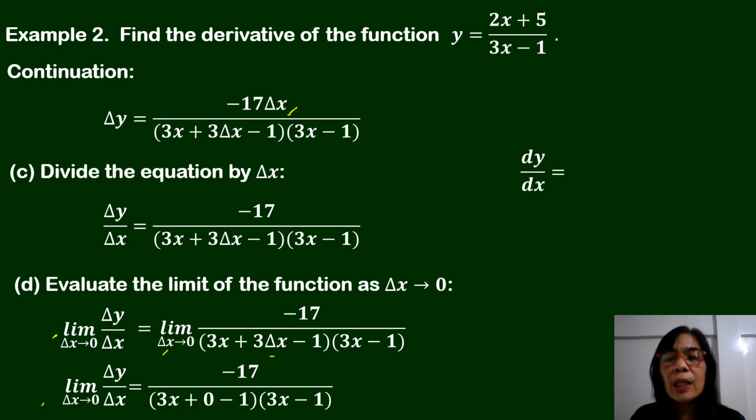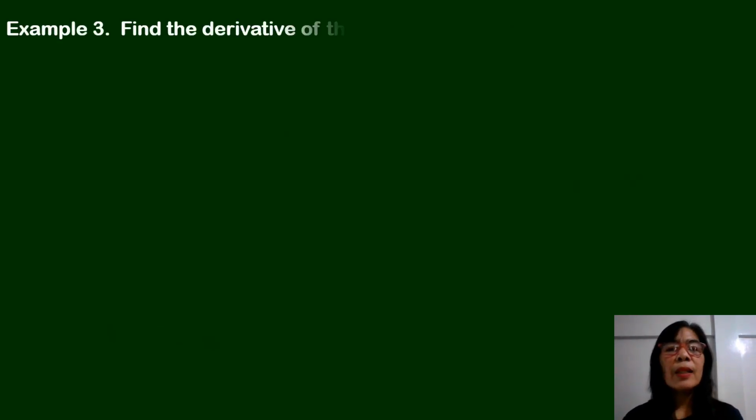In simplifying the right side, that will now be equal to negative 17 all over the square of 3x minus 1. So this equation now shows the derivative of this function y equal to 2x plus 5 all over 3x minus 1. Let us now discuss another example to find the derivative of the function y is equal to 2x minus 5.